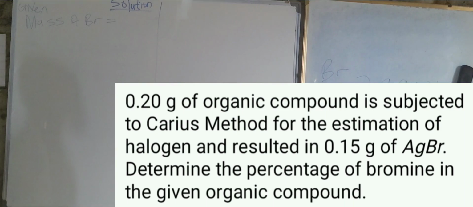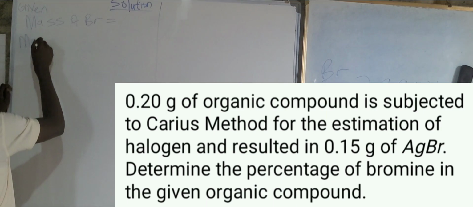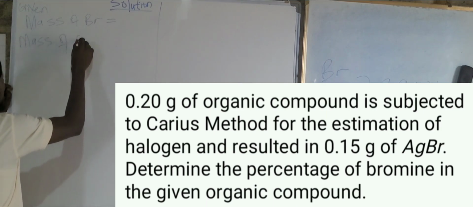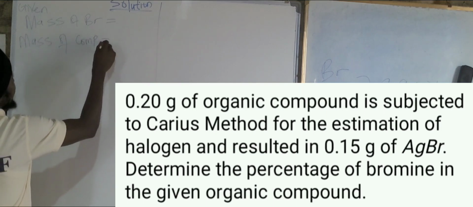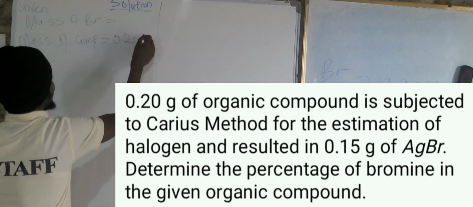0.20 gram of organic compound is subjected to Carius method. Now look at this. What is the mass of the organic compound? Mass of compound is equal to 0.20 grams.